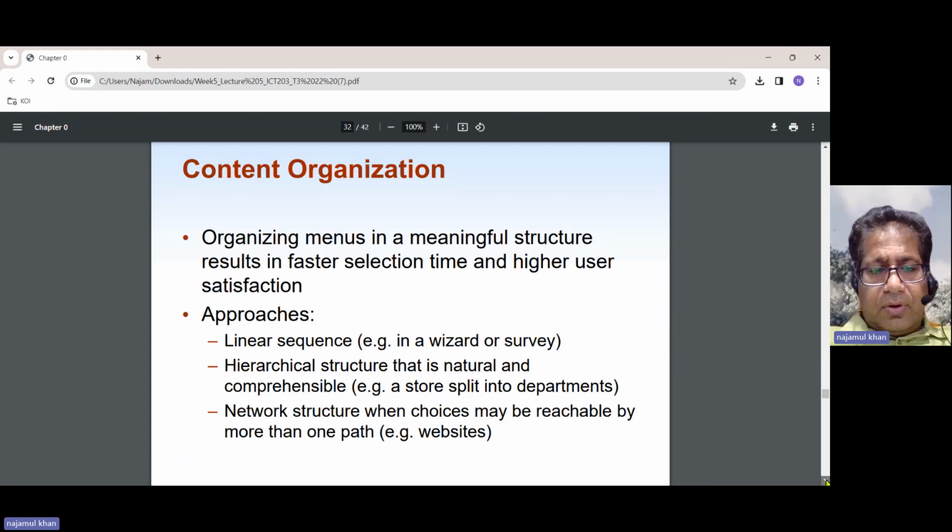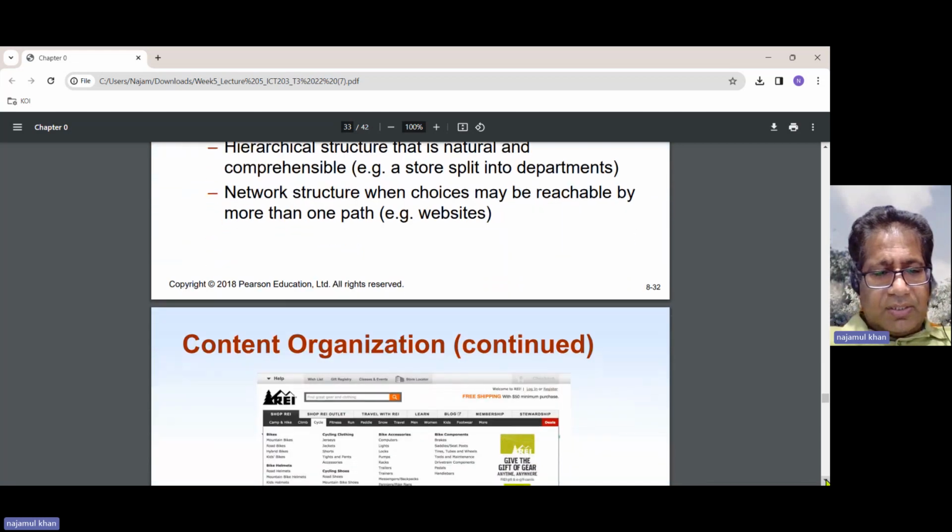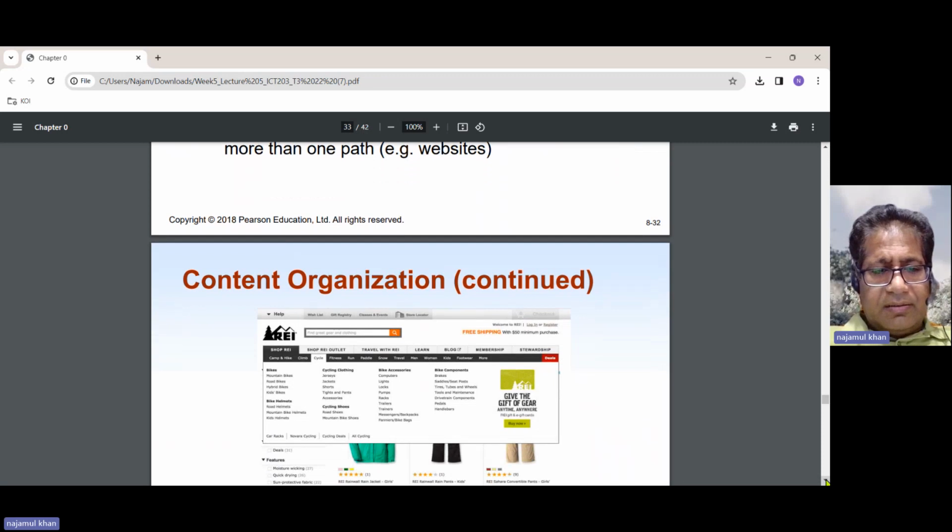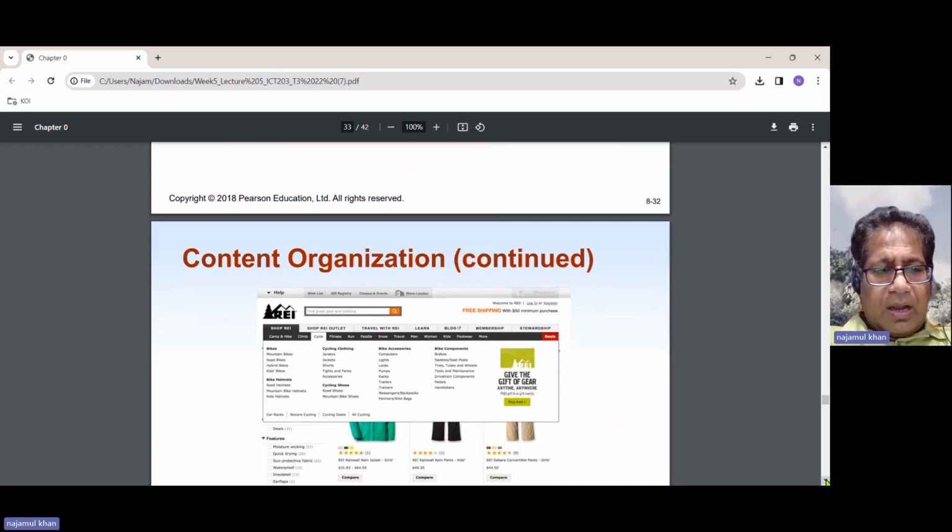Apart from that, guys, as you can see here, this is one of the hierarchical displays of the REI website. This is a parent and child relationship, like a tree-like model, in which information is shown from category to category. You open one link, it shows you another link, then another, then another.